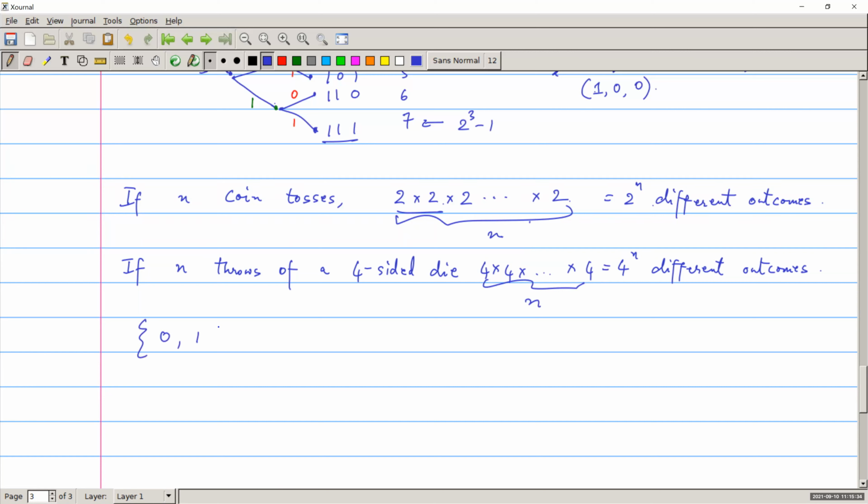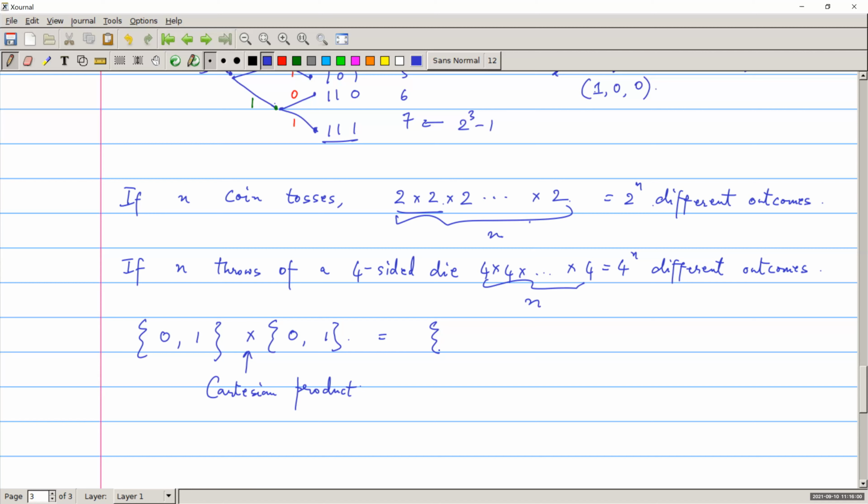So we say the set 0 1, this is not a regular product, this is called a Cartesian product. This is a set which captures this thinking and formalizes it.